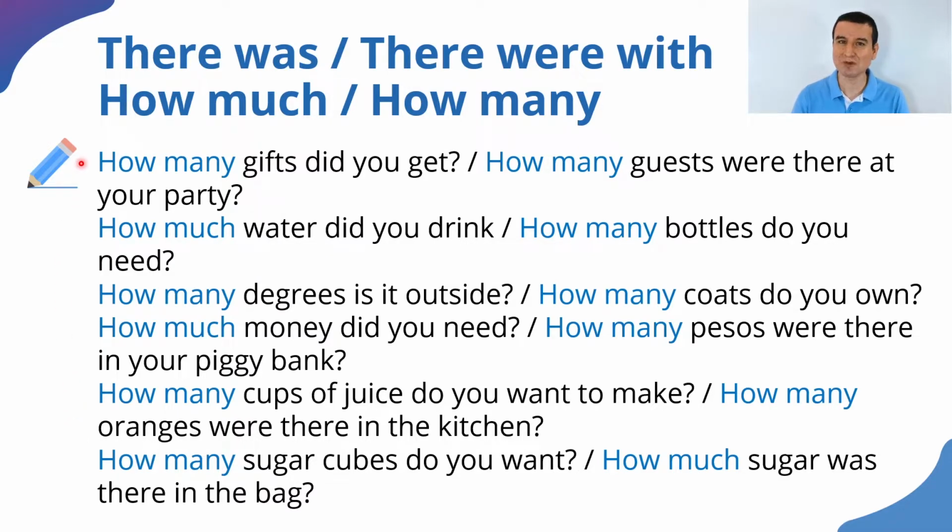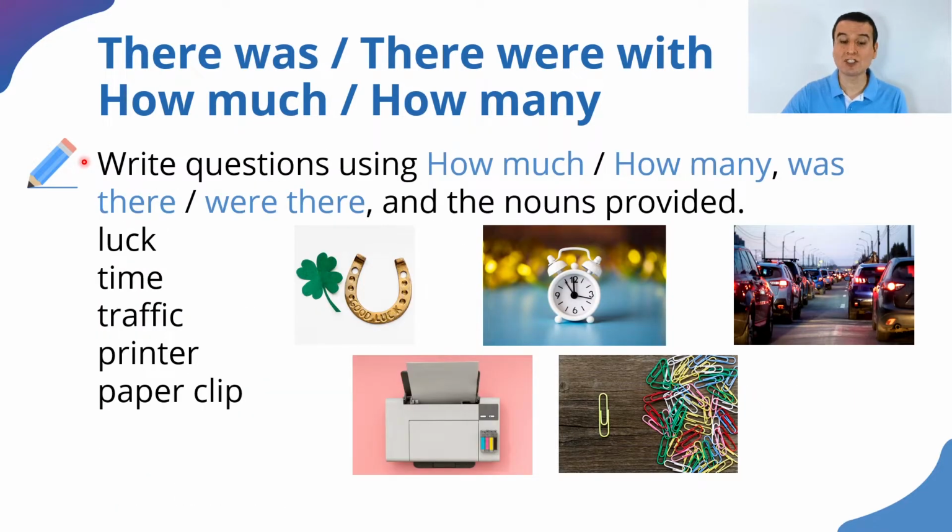All right, that was pretty easy, I hope. The tricky thing was to pluralize the nouns, I understand. Let's have another practice activity. Write questions using how much and how many, and was there or were there, and the nouns provided.